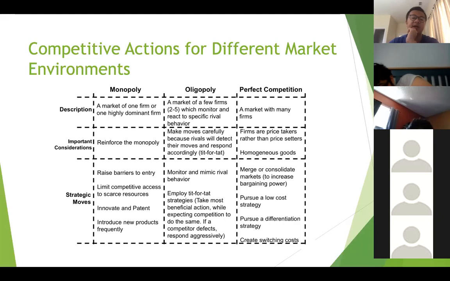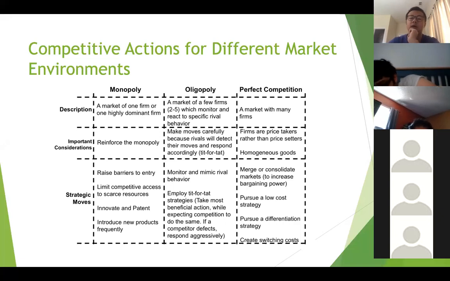A monopoly company is the price maker, so they can decide the price, and the customer has to take the price. The only thing they need to do is reinforce the monopoly. But for the oligopoly, there is still competition between each giant company.